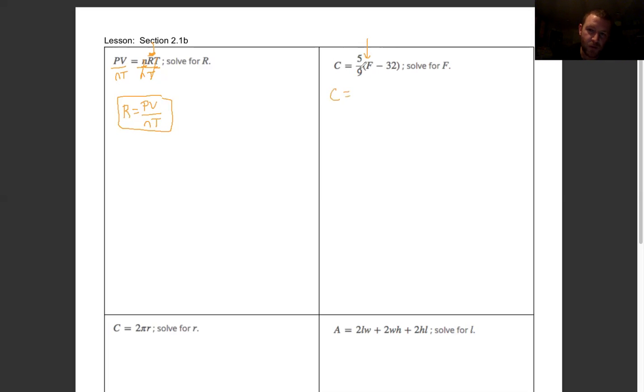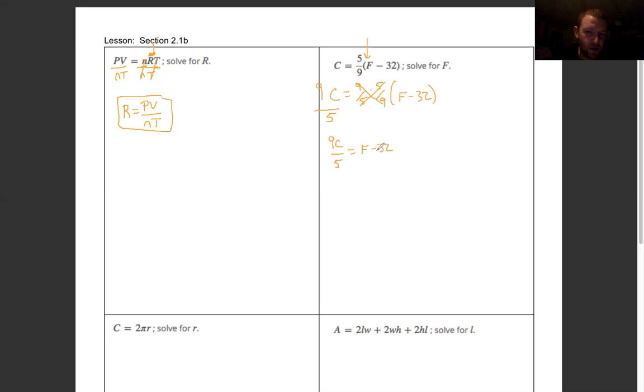So C is equal to, multiply by the reciprocal would be 9/5 times 5/9 times F minus 32. And since I did it to the right, 9/5, I got to do it to the left, 9/5. So 9/5 C is equal to, and then these cross off. So 9C over 5 is equal to F minus 32.